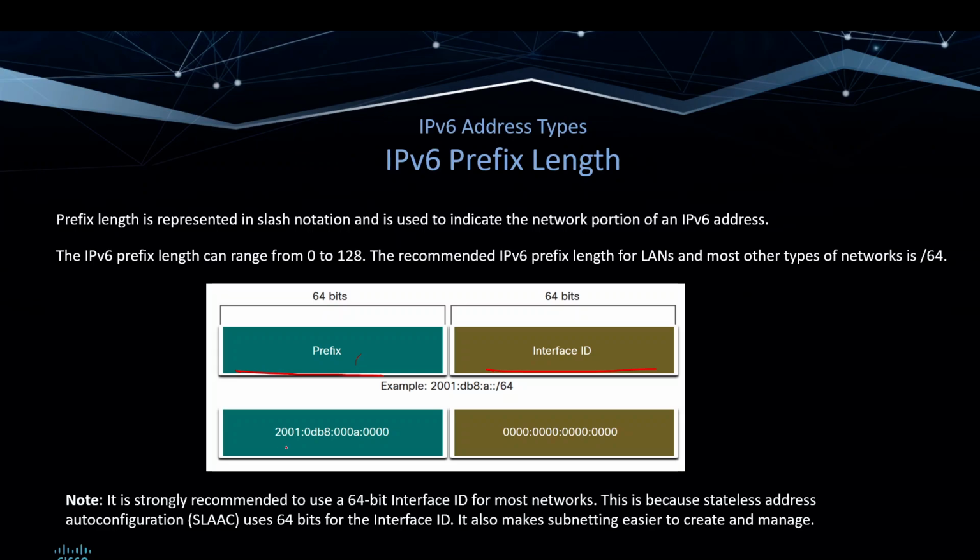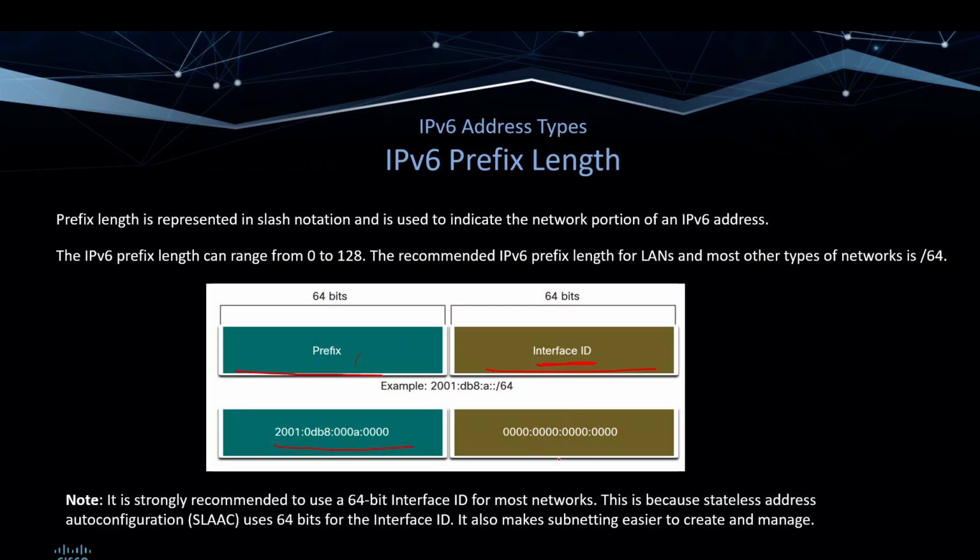The prefix is the first 64 bits of the IPv6 address, allocated by the router or DHCPv6, and then the host decides how to use the ID. The host appends the ID to the first 64-bit prefix.